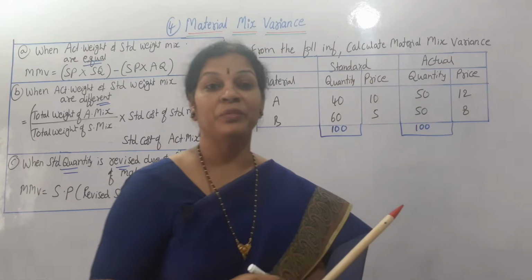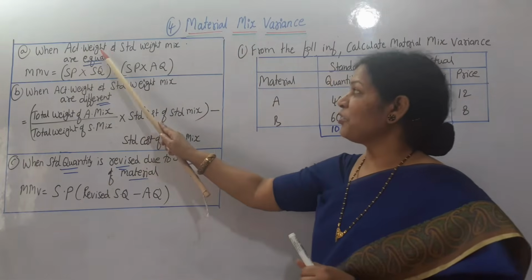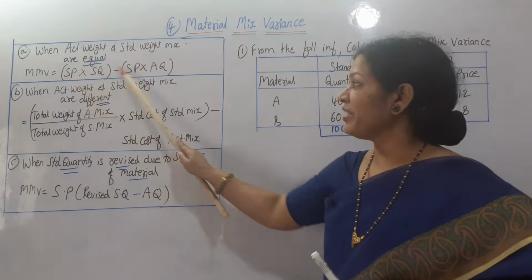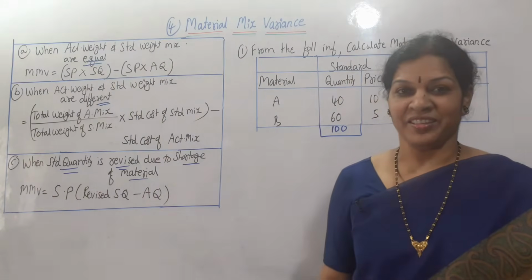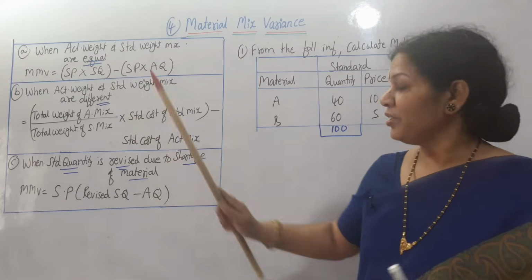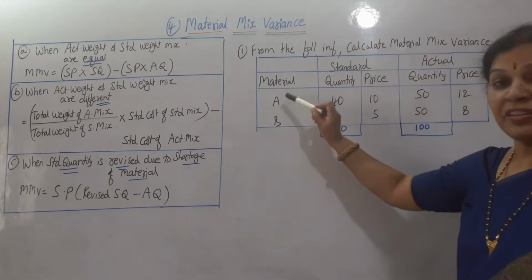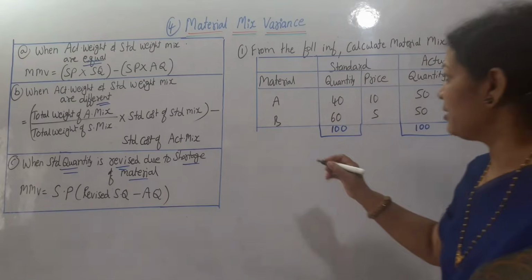Both are 100, which means both are equal. When actual weight and standard weight are both equal, we'll take this formula. Are you understanding which formula we are taking now? So according to that, we'll apply the formula. How many materials are there? Material A and B both are given to us.